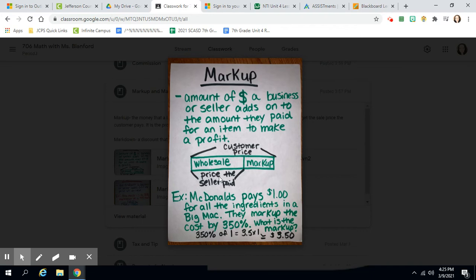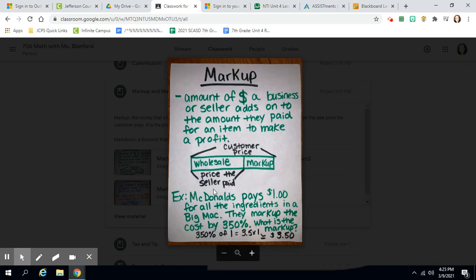But they don't charge you $1 for that Big Mac because they want to make money, right? So the markup is actually usually a percentage of an item. In this case, it's the Big Mac, right? So they mark up the cost by 350%. In this case, I'm showing you how to find, well, what was that markup, right?